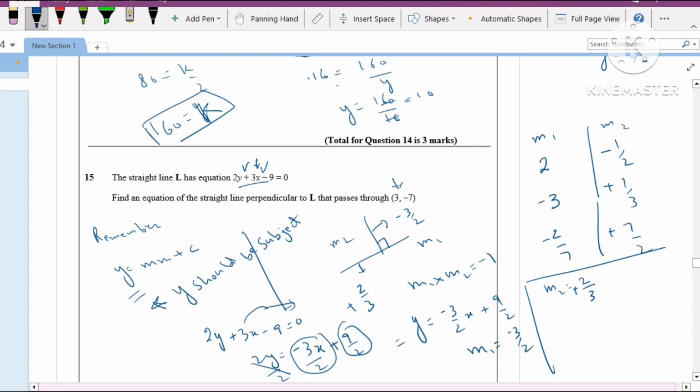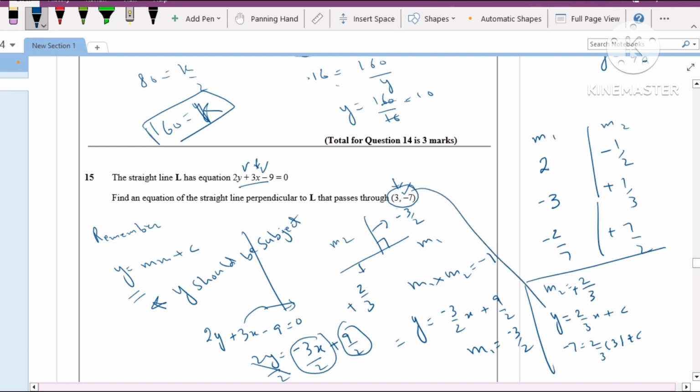So y is equal to 2 over 3 x plus c. We have to find c. To find the value of c, this point is given: x is 3 and y is minus 7. So we will replace these values, x is 3, y is minus 7. I am writing these two coordinates from this point.